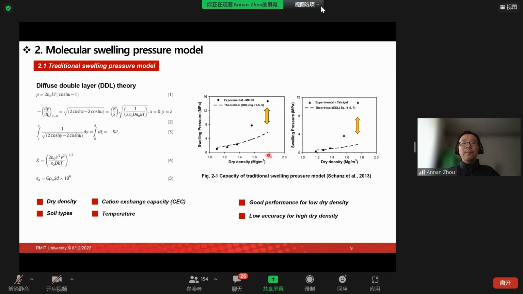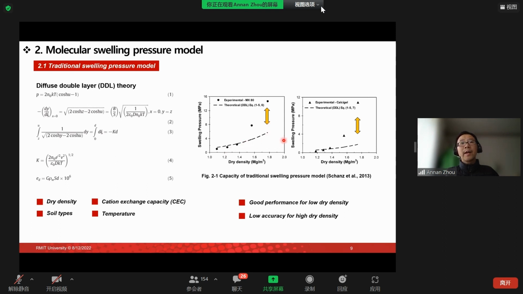However, the performance of the traditional DDL method or model for high dry density range is not as good as it is for the low dry density ranges, right?